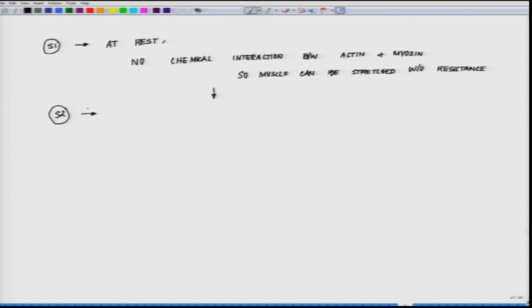Statement 2 is in the presence of calcium ions. Okay. Now, calcium is introduced into the system.